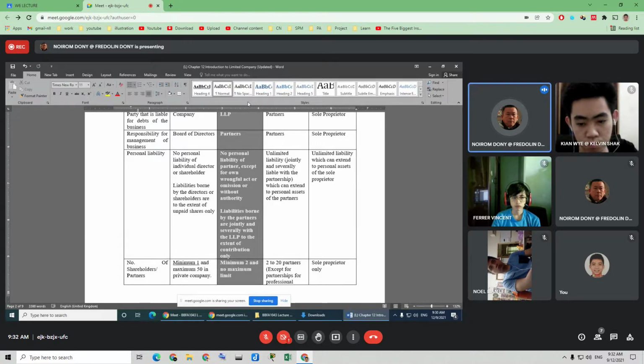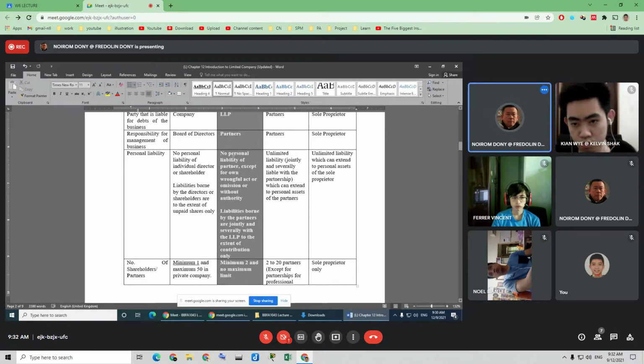For a limited liability partnership, no personal liability of partners, except for their own wrongful act or omission, or acting without authority. Meaning they are not responsible for the partnership's debts.